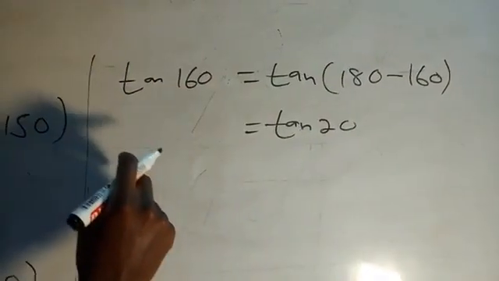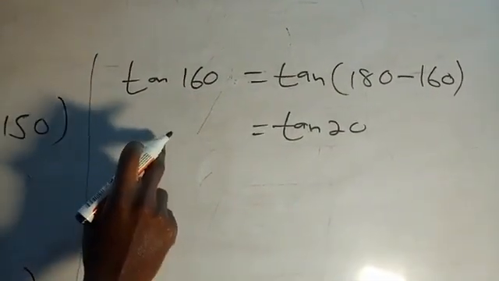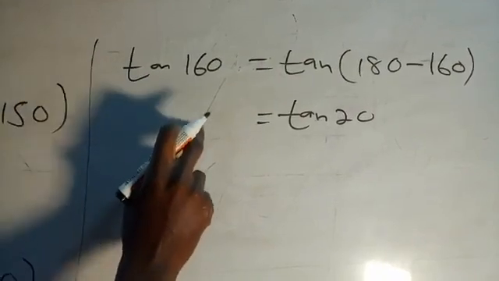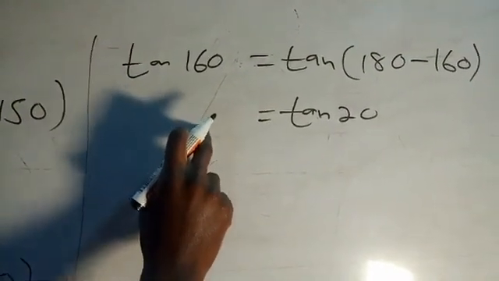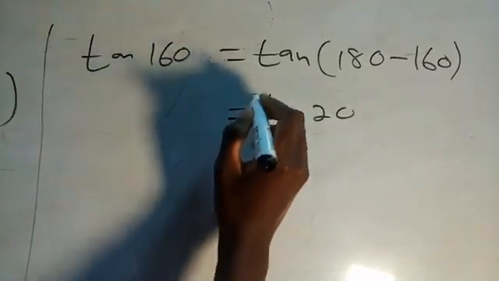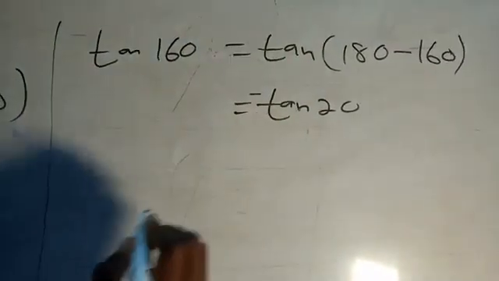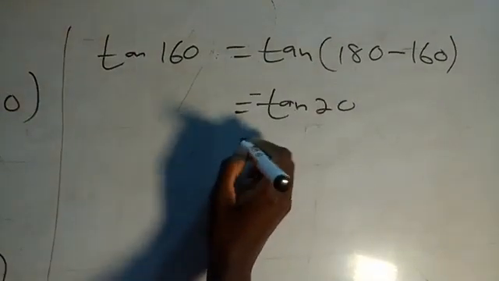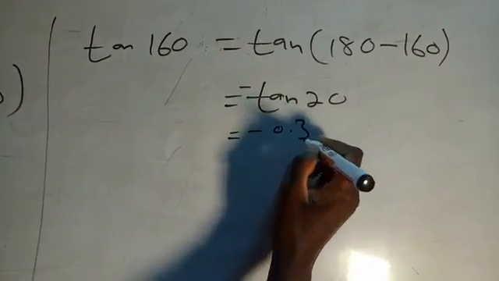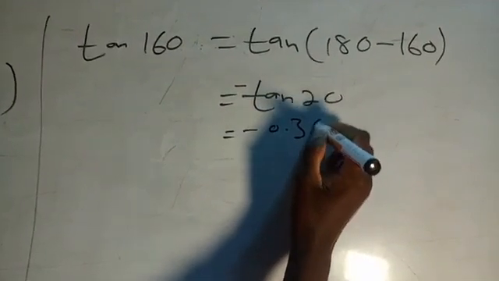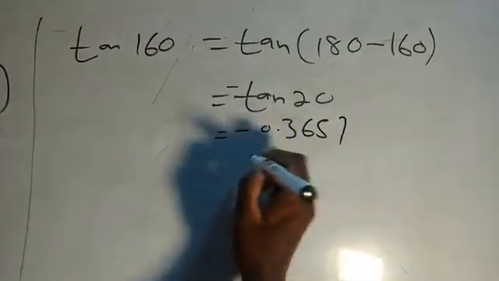Here, because it is in the second quadrant, and tan is negative in the second quadrant, it becomes negative tan 20, which is equal to negative 0.3657.